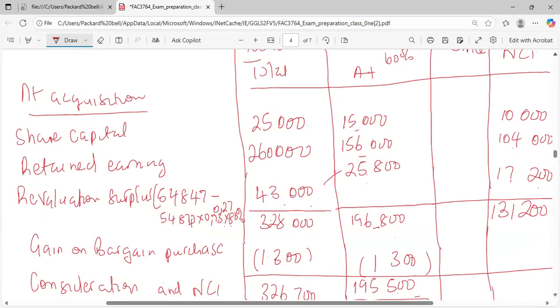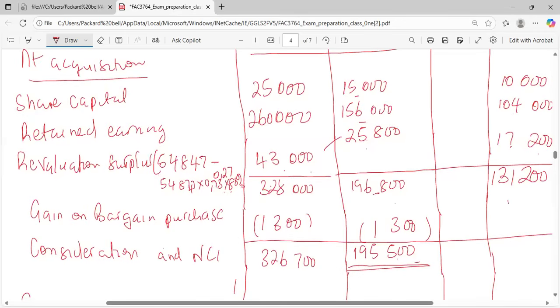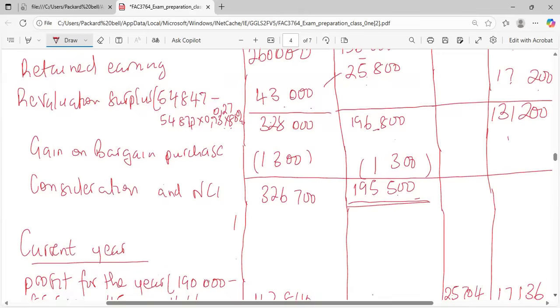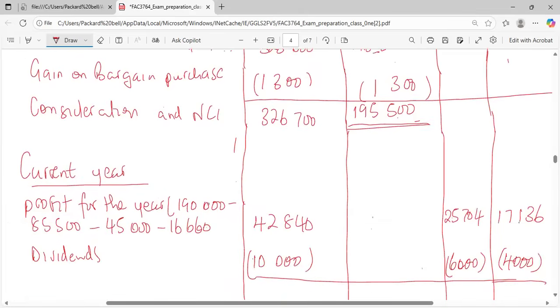We start from here, 131,200. Then we add for profit for the year, which is here. We add 17. Then we minus 4,000. How much are we going to have as our NCI there?